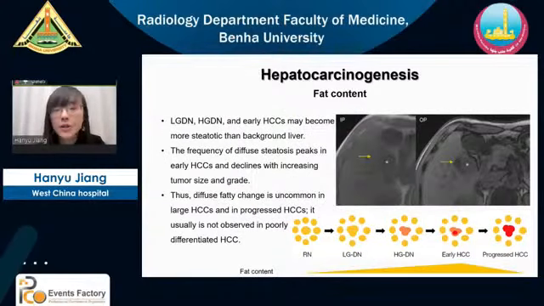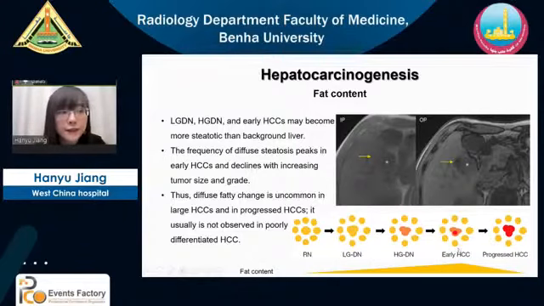Also, during hepatocarcinogenesis, hepatocytes may accumulate fat, and LGDN, HGDN, and early HCCs may become more steatotic, either focally within clonal-like subnodules or diffusely, than the background liver. The frequency of diffuse intranodular steatosis increases from LGDN to HGDN and then to early HCC.